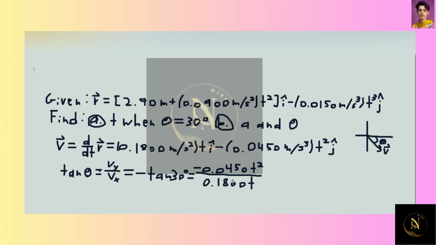All right, so now we can compute these values. Negative tan of 30 degrees, well, actually the negatives cancel out here, so don't worry about them. So I have tan of 30 degrees, which is going to be 0.577.